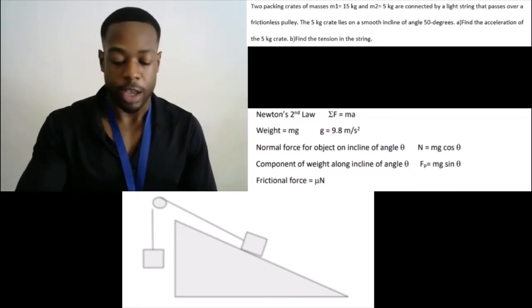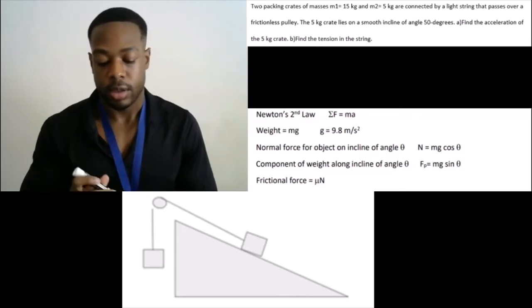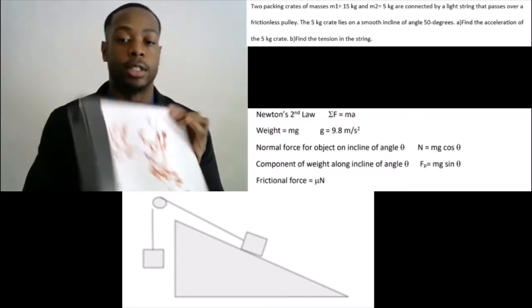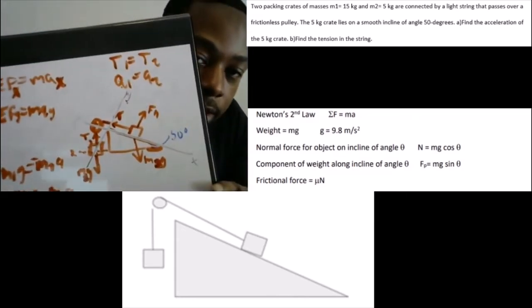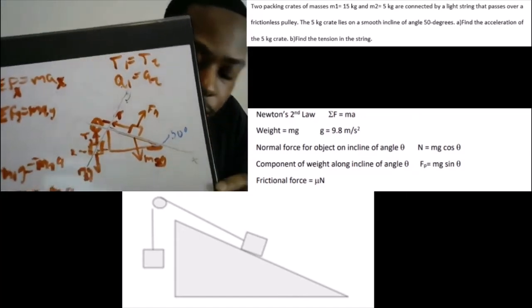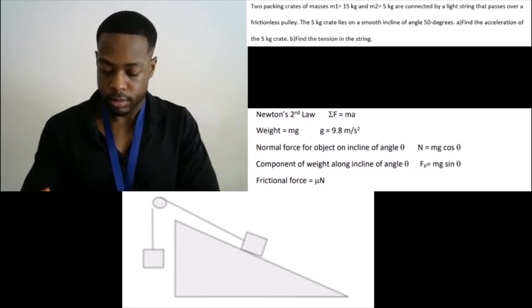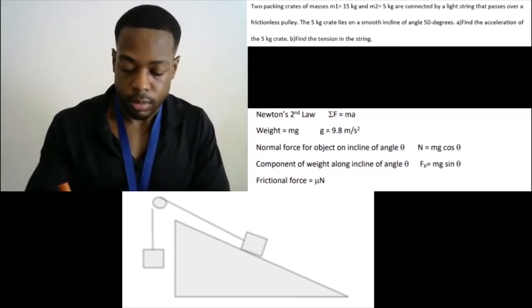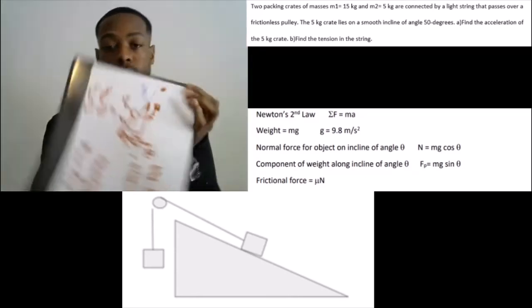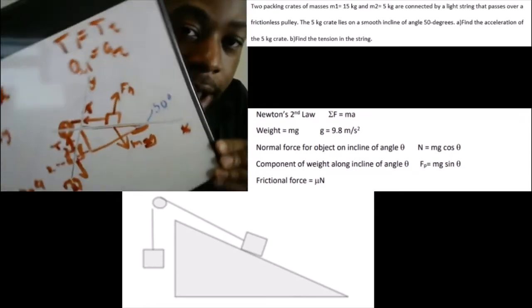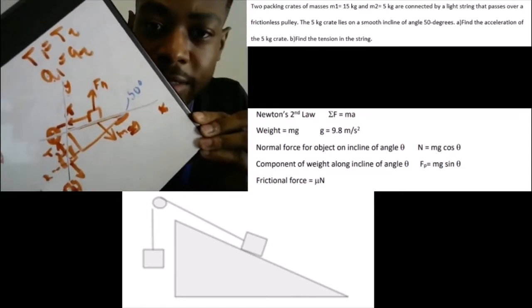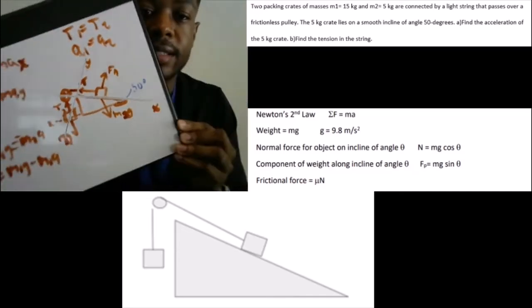So you want to imagine that on the incline, you just tilted your x and y axes. Let me make that a bit clearer. So you've got a new x and y axis, and you see I just tilted it a little bit. That's not exactly parallel, but that's the idea, right?